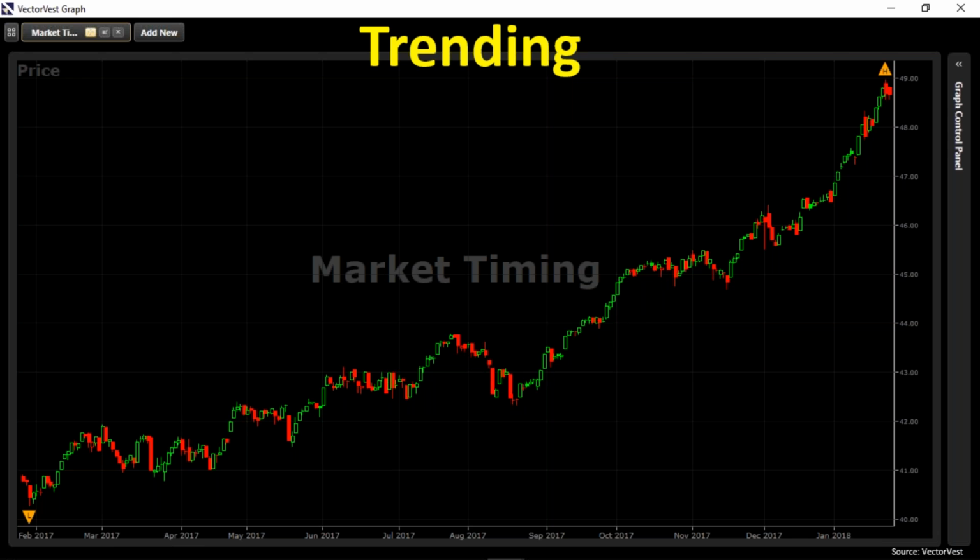A lot of you look at the S&P or the Dow or maybe the NASDAQ, if you're trading a lot of tech stocks, as overall market barometers. Well, what VectorVest does is we take the Dow, the S&P, the NASDAQ, the Russell, all the stocks that compose all of those indices, and we put them into one single market index, and we call it the VVC. It's our overall market index, and that's what we're looking at here.